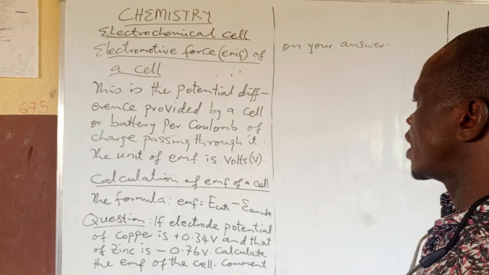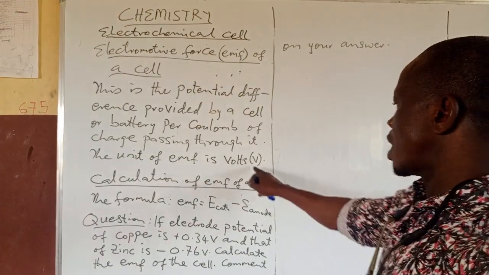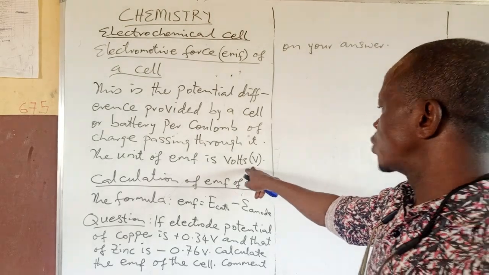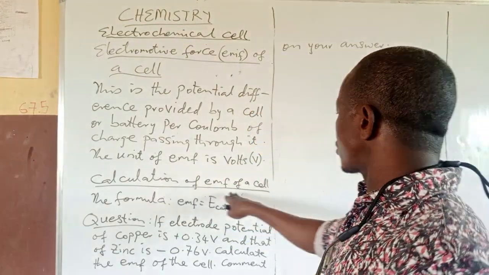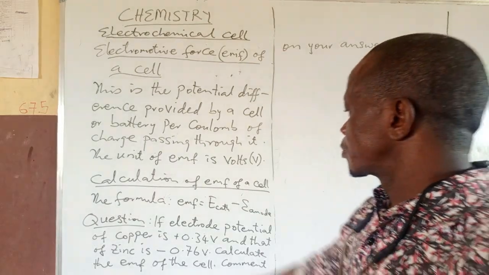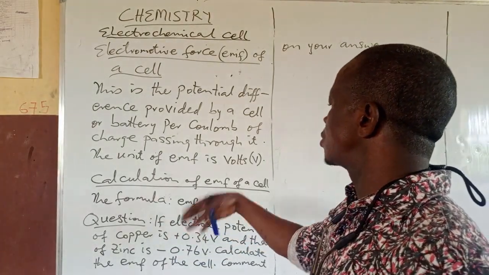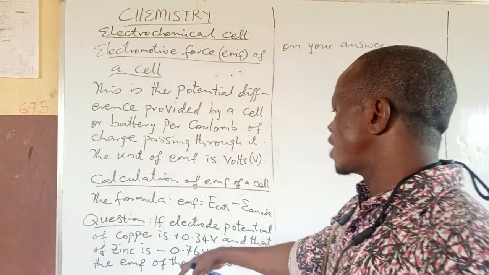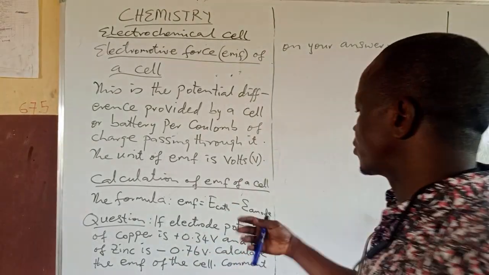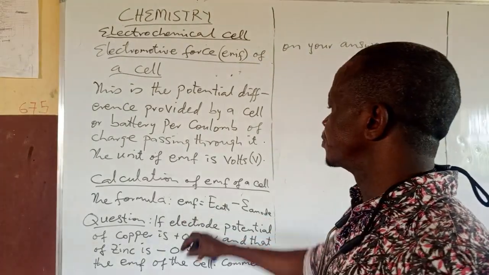The unit of electromotive force is volts, and it is always represented with V. Now, for the calculation of the electromotive force of a cell, the formula is given. So use this formula for any calculation you see coming. Sometimes the values might be negative, whatever the value is, use this formula.